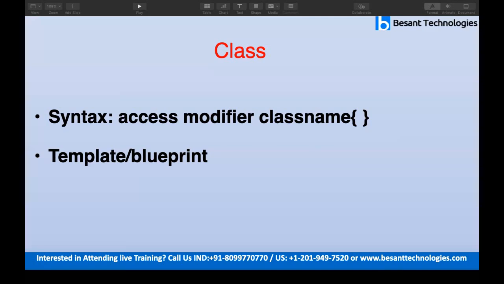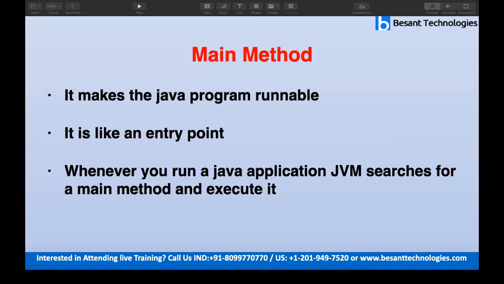Suppose we create a class using this access modifier and class name, and try to run it. You will not be able to run this class, because whenever I run a class, the compiler will always look for the main method in the class. So inside the class, you will have a main method.